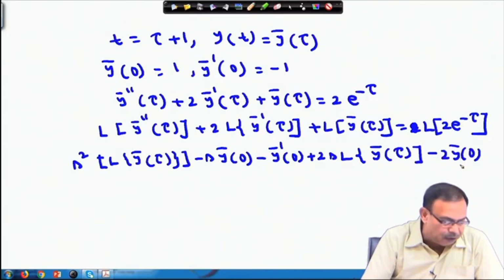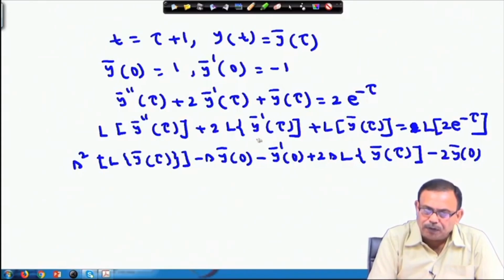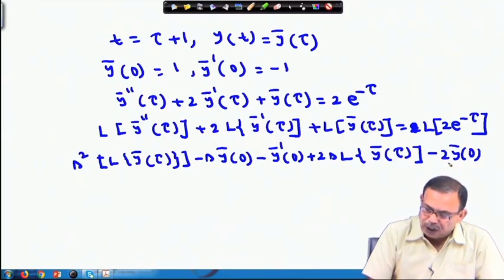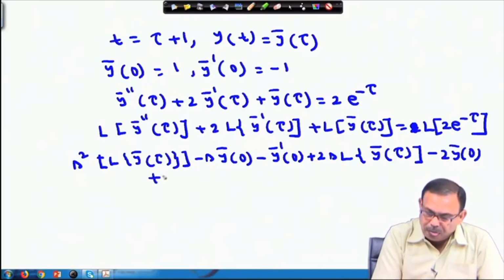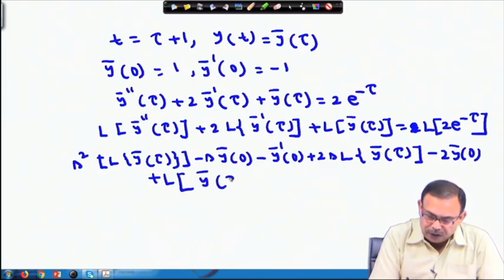This term is coming for the Laplace transform of y bar dash tau, and plus the Laplace transform of y bar tau.